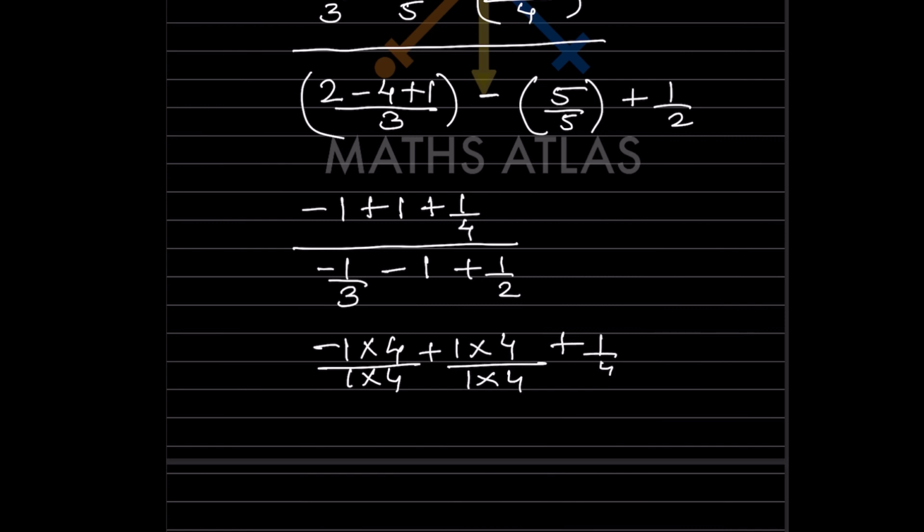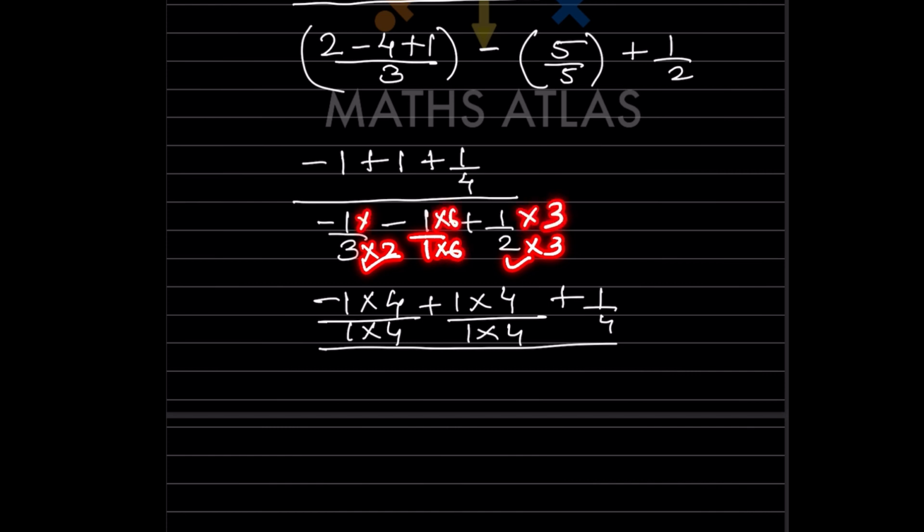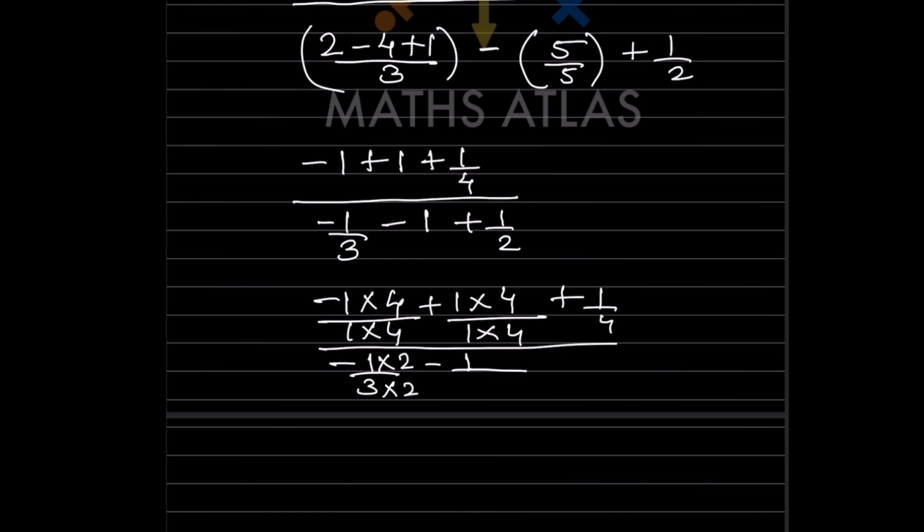Plus 1 by 4 divided by, now here what you can do, you can see 3 and 2, the LCM is going to be 6. So here you are going to multiply by 2, here by 3, and this is 1, so this should be by 6. See here. So that thing I'll write it again here, for better understanding. So this step is extra, but still it is okay.